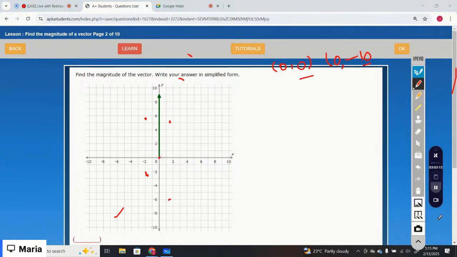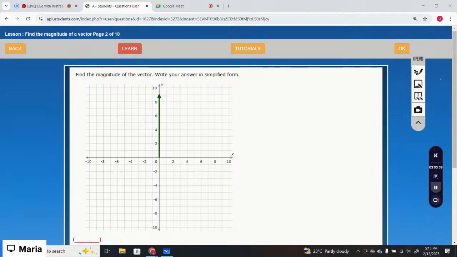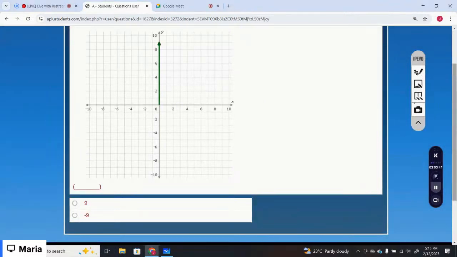So here is the initial point of the vector, that is 0, 0, and then here you have 0 and 9. That is 9. The correct option is option number 1.